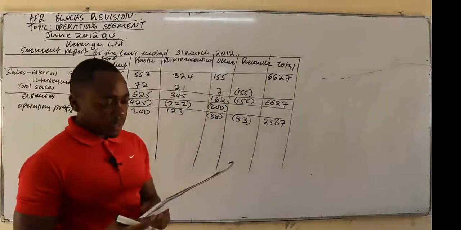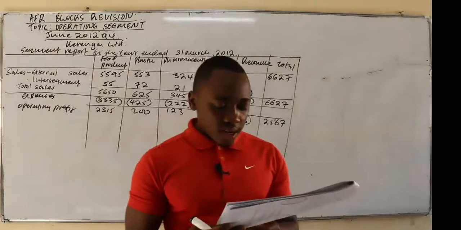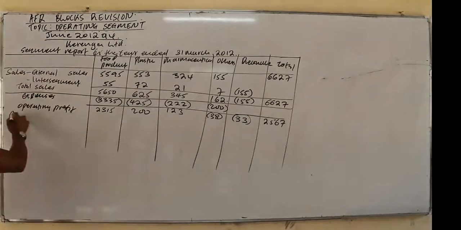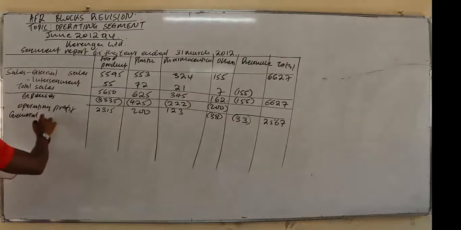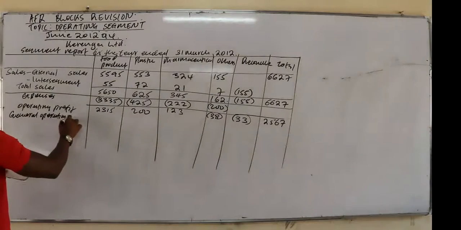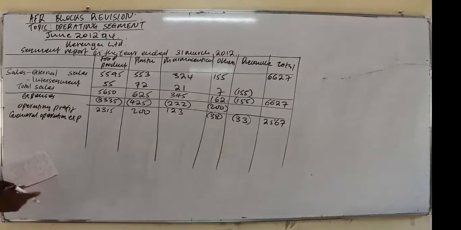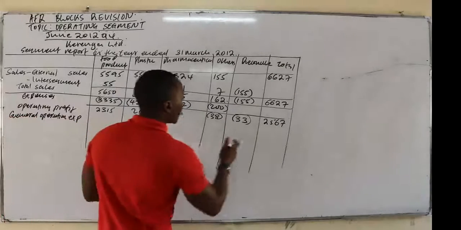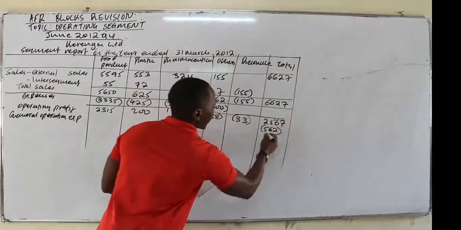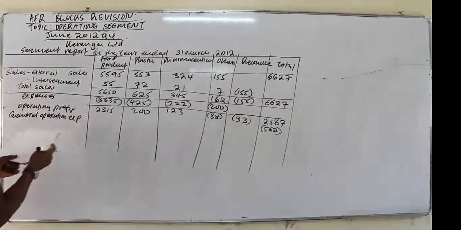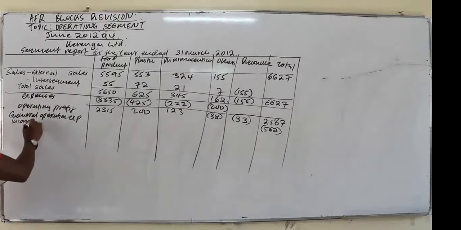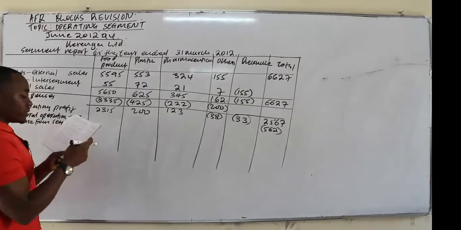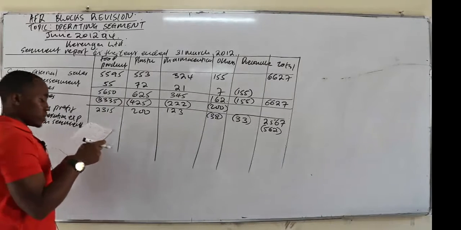Let's go back to the statement. We have other items. Under other items, we have general operating expenses. That one you take it to the total because it's not specific to which segment. And there was an amount of 562. Then was income from investment, from segment, we have an amount of 132.